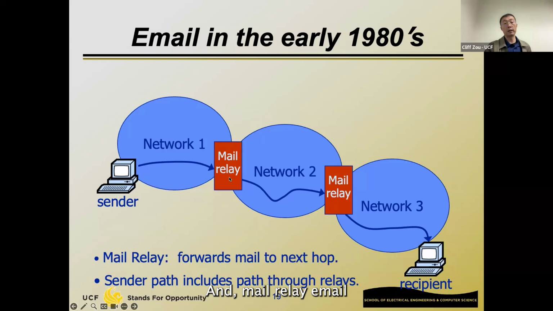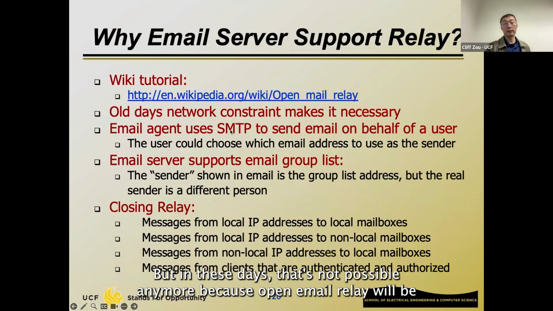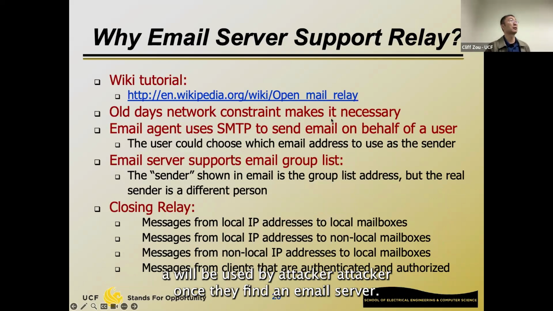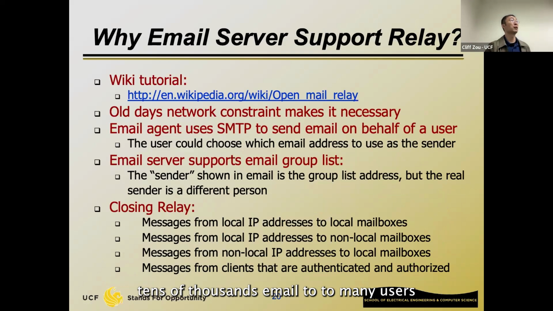Mail servers could help each other deliver mail through multiple hops to the final destination. But these days, that's not possible anymore because open email relay will be abused by attackers. Once an attacker finds an email server in this open relay status, they can let the email server send out tens of thousands of emails to many users in Gmail, in Yahoo, in any email service.